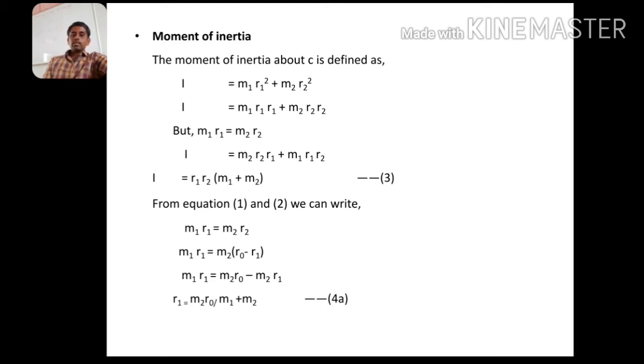Now r1 is equal to m2 r0 upon m1 plus m2. This is equation number 4a, suppose. Similarly, by putting the value of r1 as r0 minus r2, we will get r2 is equal to m1 r0 upon m1 plus m2. Equation number 4b.